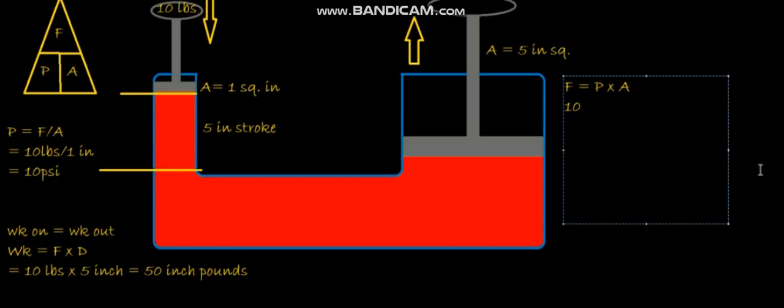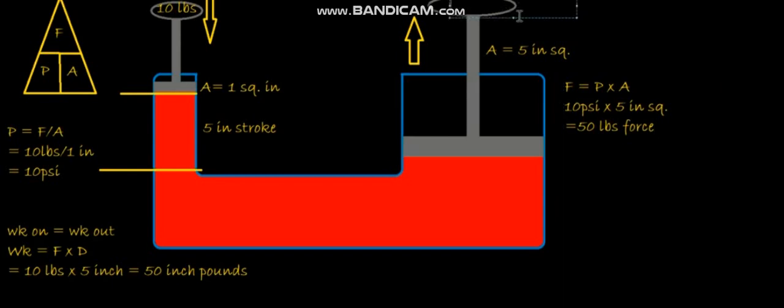I have 10 pounds per square inch, and my area on this one is 5 square inches. So the result is that I have 50 pounds of force.